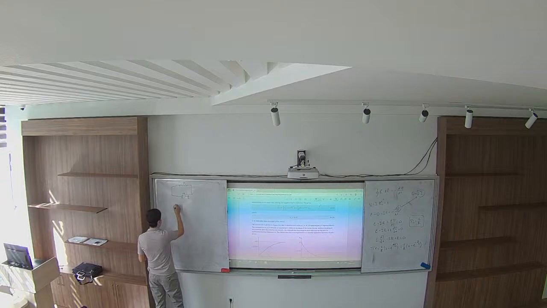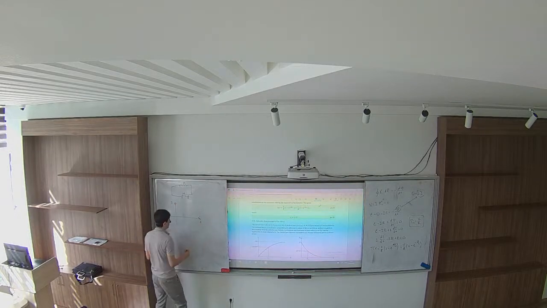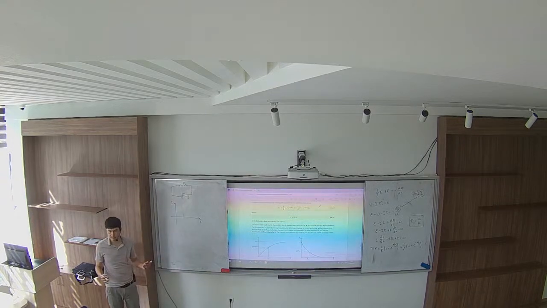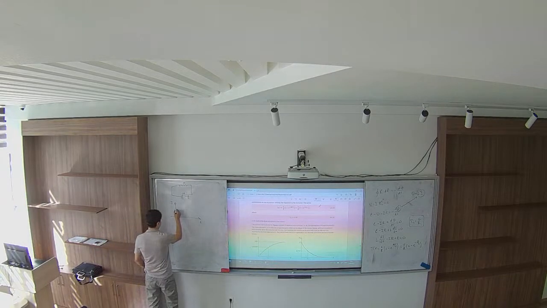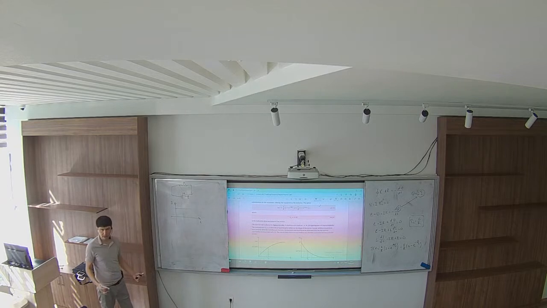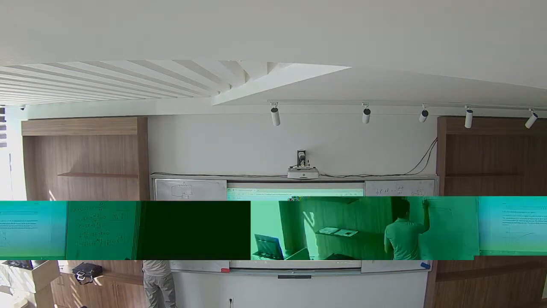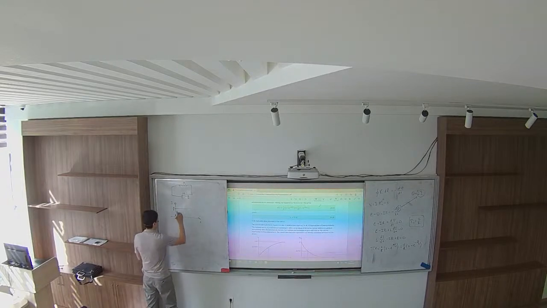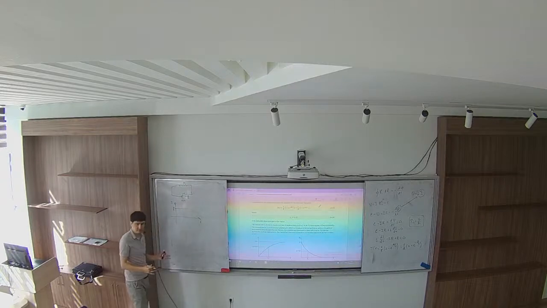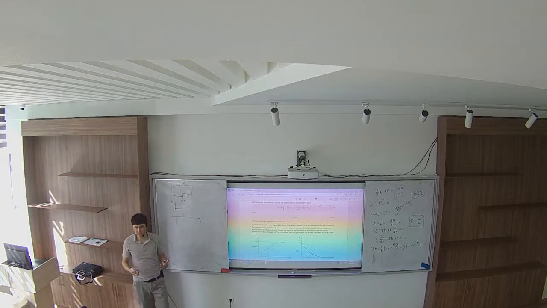If I draw the time dependence of the current, what do we have? A constant line, because the current is E divided by R, right? I consider that the internal resistance is 0. It's from Ohm's law.